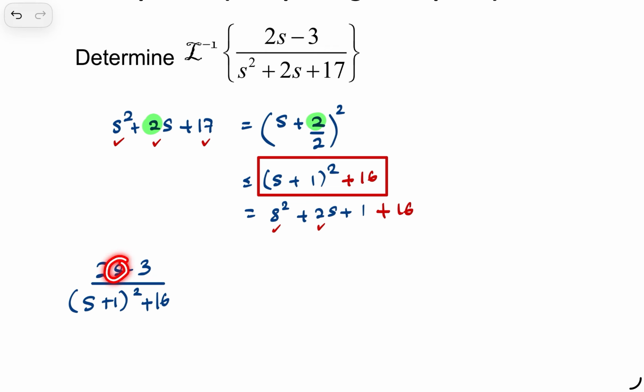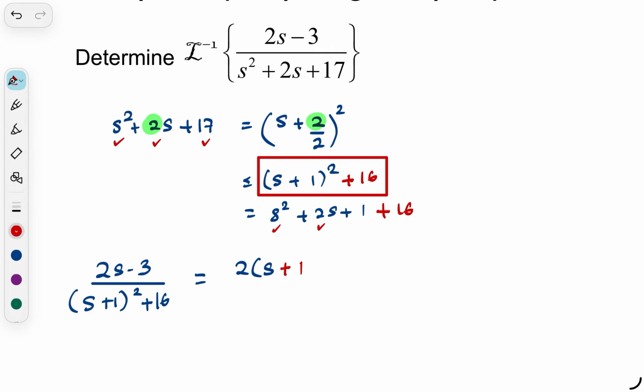So the top and the bottom are not the same. So first I have to change so that I have the same form. To have plus 1, I have to add plus 1 here. But then I do minus 1 as well.